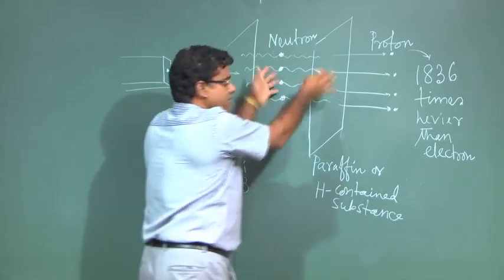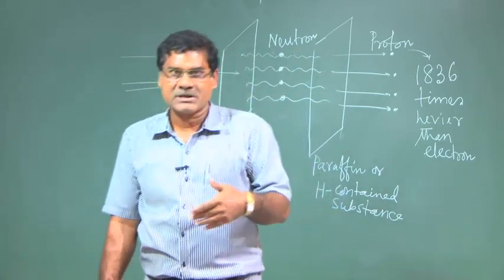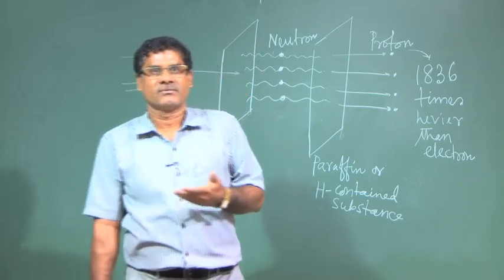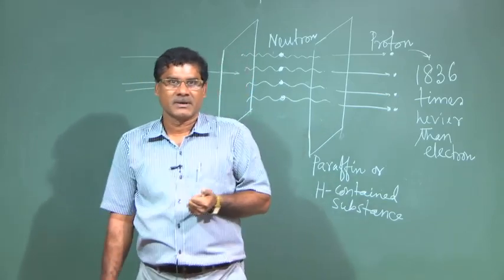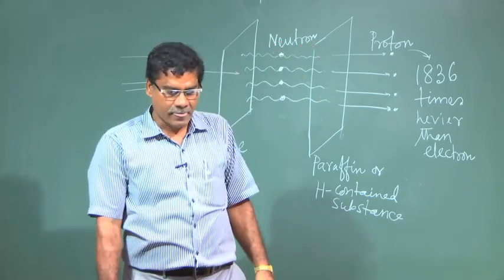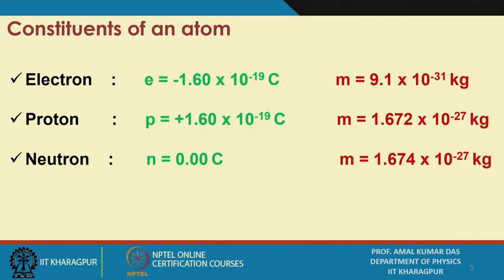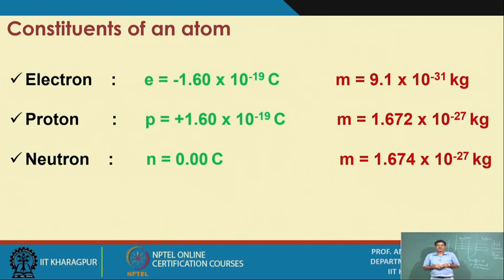Okay. So, thus another particle, another constituent of the atom, is discovered, that is the neutron. Now we know the overall constituents of an atom, that is basically electron, proton and neutron.